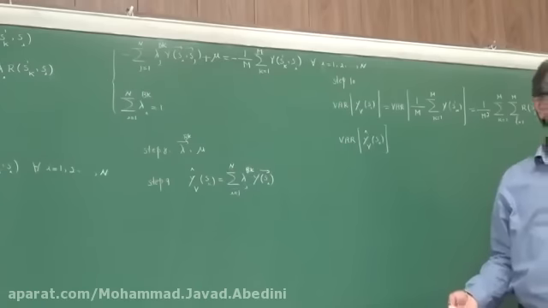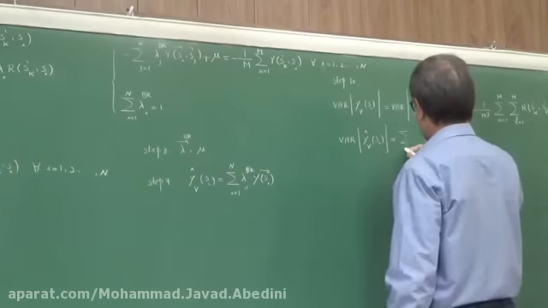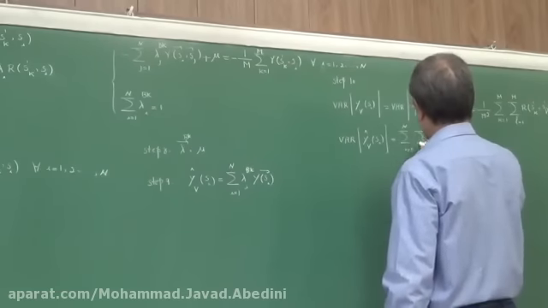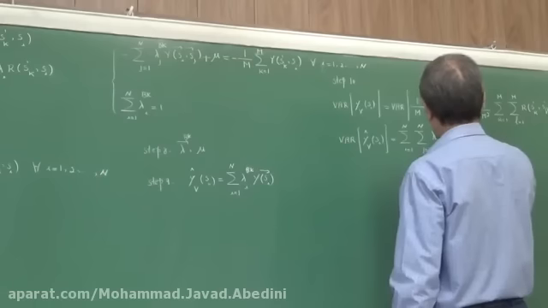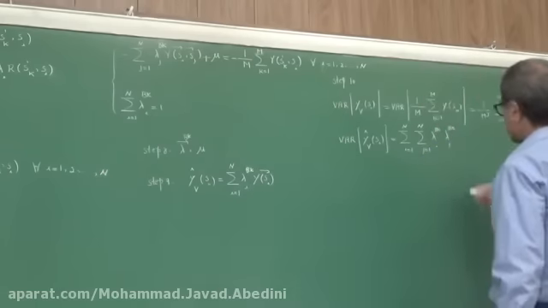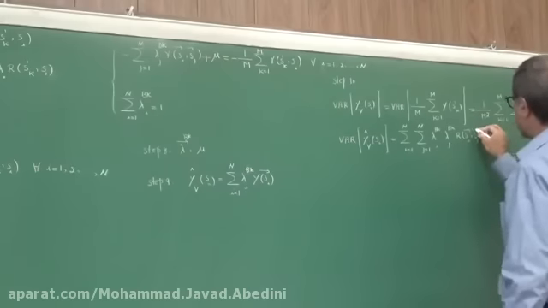It will become a double summation, i from 1 to n, j from 1 to n, lambda i bk, lambda j bk, r sub si sj. And you can simplify this.